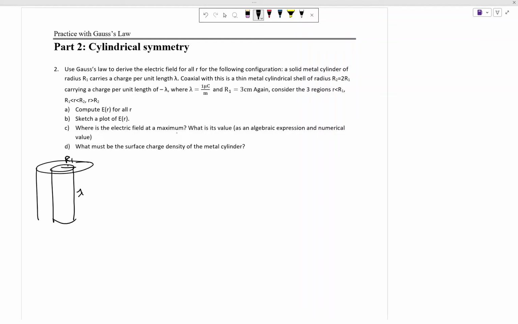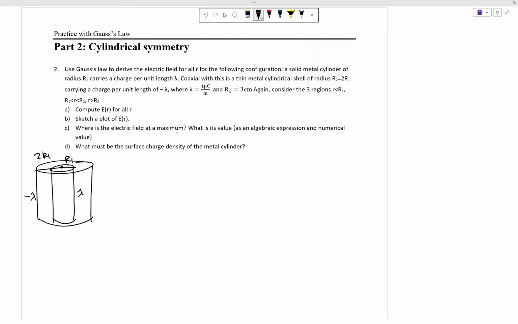Of radius 2R1. And this is carrying a charge of negative lambda per unit length. And we're given some actual numerical values for lambda and the radii.